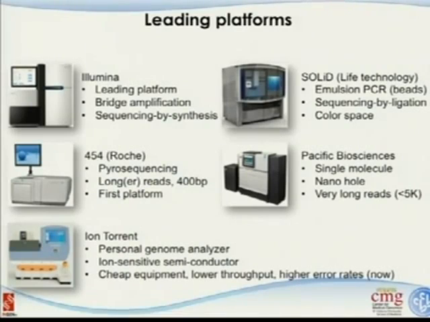And another platform, I think, is going away. That is actually the first platform that was commercialized, which is the 454, based on the pyrosequencing protocol. But the most important feature is that it has long reads, about 400 base pair reads, and can do a lot of interesting things.